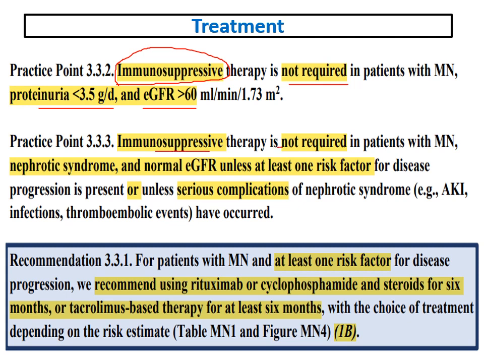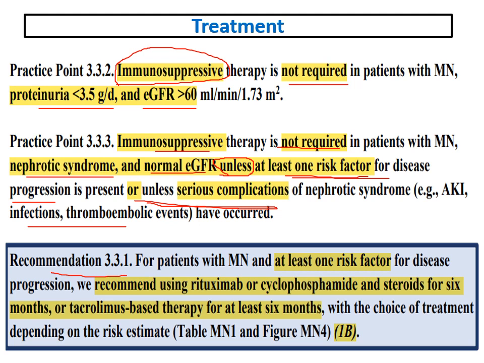Immunosuppression is not required in patients with membranous nephropathy, nephrotic syndrome, and normal GFR unless there is at least one additional risk factor for disease progression, as we said in the table of risk stratification, or a serious complication of nephrotic syndrome like AKI, infections, or thromboembolic events has occurred.